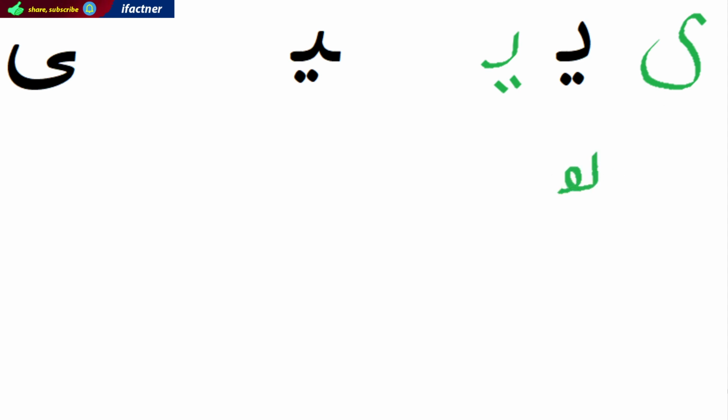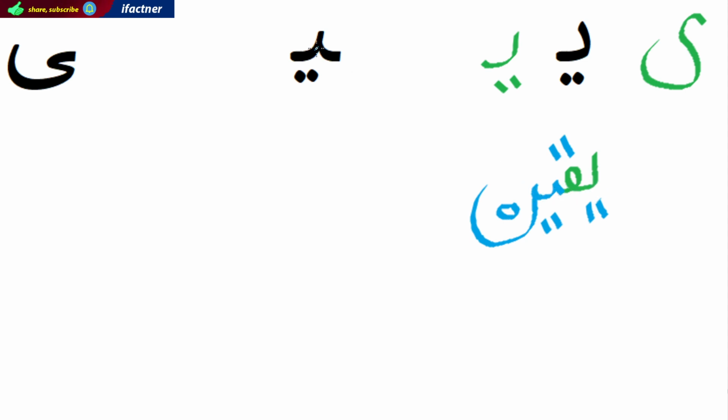So we write Yaqeen like this. Ye, Kaf, and then Ye, Noon. These are choti ye's, Yaqeen. So you see how we write Chotiya in its initial position.